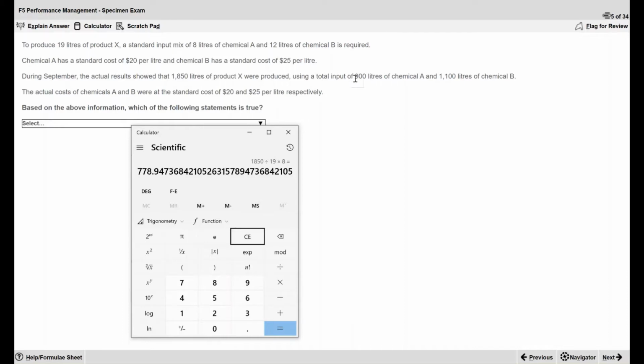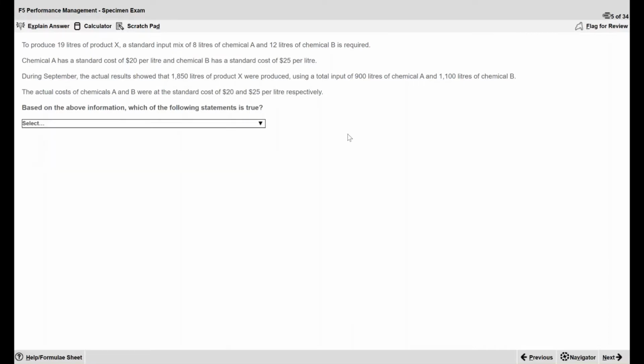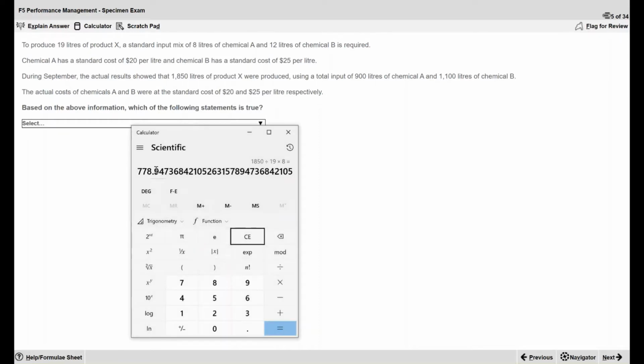According to actual, A is used more, so that seems like it is favorable. I don't have to calculate because they haven't asked the value. Remember, if you understand the meaning of formulas, then you don't have to completely answer the question. So you can clearly see that I should have used 778 of material A, but I've used 900 liters.